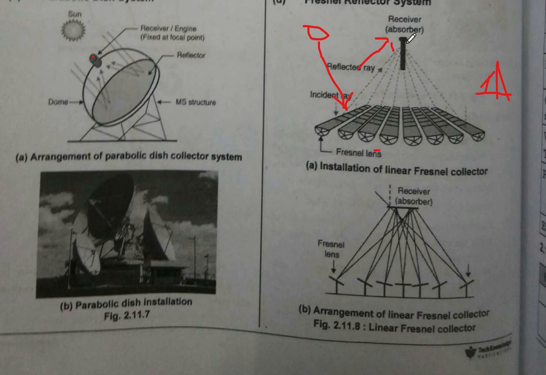Okay, and at the focal point the receiver is mounted. Okay, now how does this work? So what does the Fresnel reflector do? It uses thin long mirror segments which focus sunlight onto a receiver at a common focal point. So what do these mirrors do?